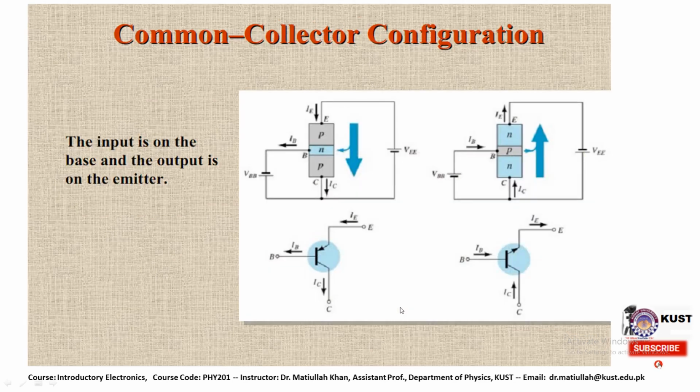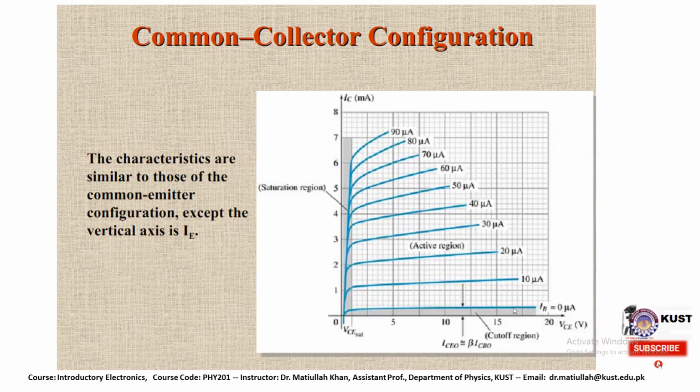So we have the common collector configuration. In this particular case, the input is on the base and the output is on the emitter. This is actually called the common collector configuration. This is the sample diagram for the common collector configuration. This is PNP and this is NPN transistor for the common collector configurations.